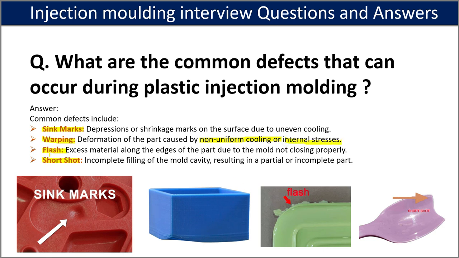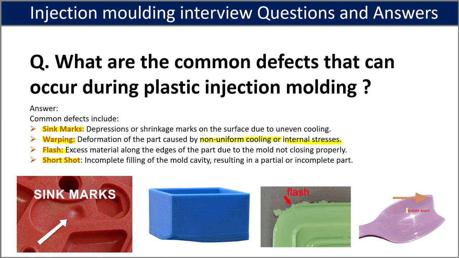Another is flash. Flash will occur if the mold is not closed properly, because the material will flow into the mold gap. To avoid this flash, we need to tightly bolt the mold.